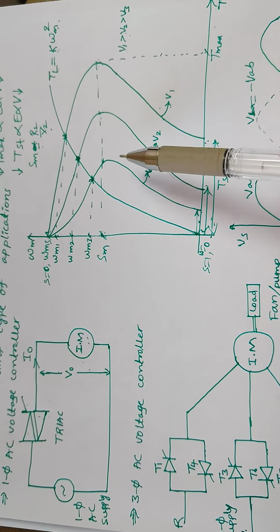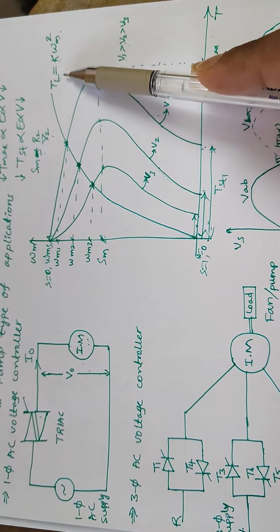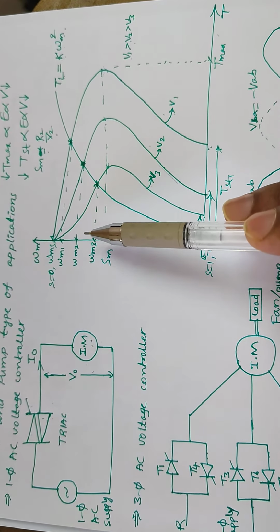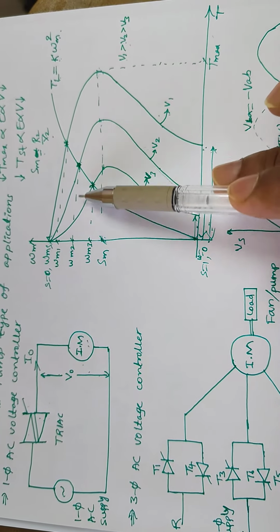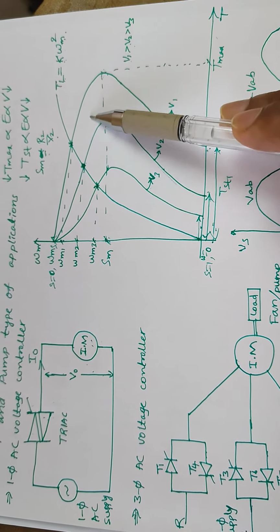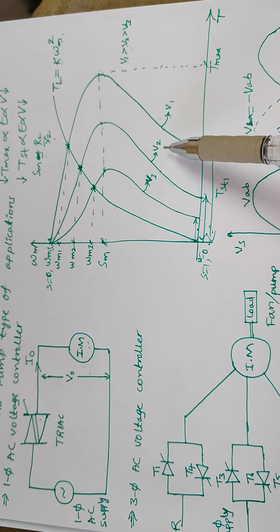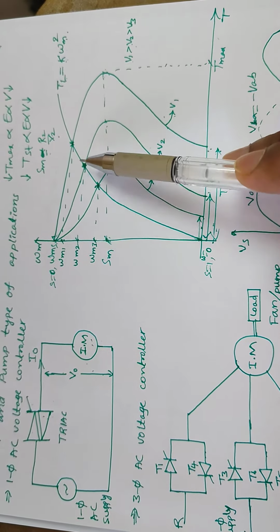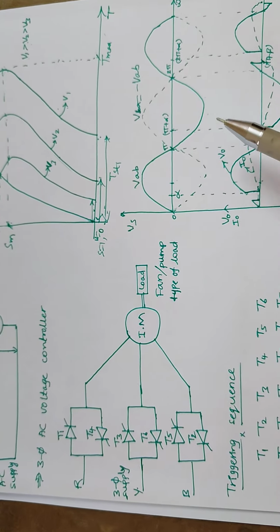The change in speed-torque characteristics intersects the load torque at different points, which reduces or increases the speed of the induction motor. So the intersecting point changes as per the speed-torque characteristics of the induction motor for various voltages, and that reduces or increases the speed of the induction motor.